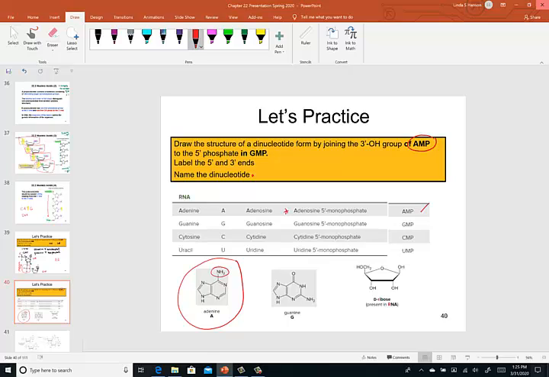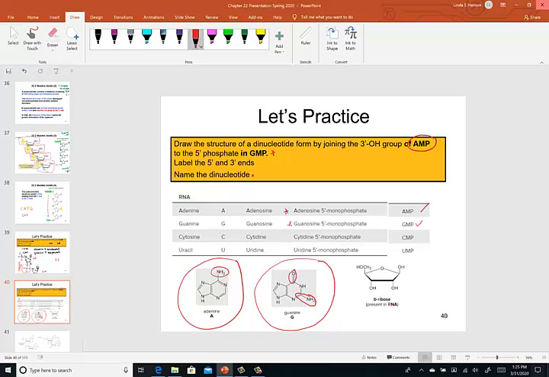The second one that we were labeling is GMP, guanosine 5' monophosphate. We have to be able to recognize that guanine is also a 2-ringed base, making its structure unique is a carbonyl ketone, C double bond O, and another structural amine group out here.